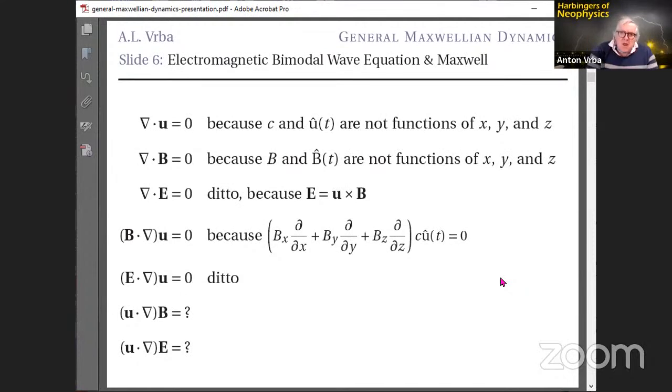Now, evaluating these equations, we see that the divergence of u, the divergence of b, and the divergence of e are all 0, because we define u, b, and e as functions of time only.